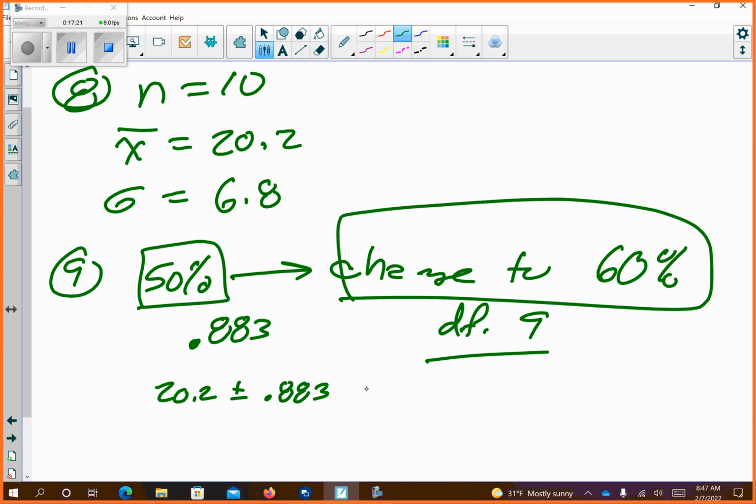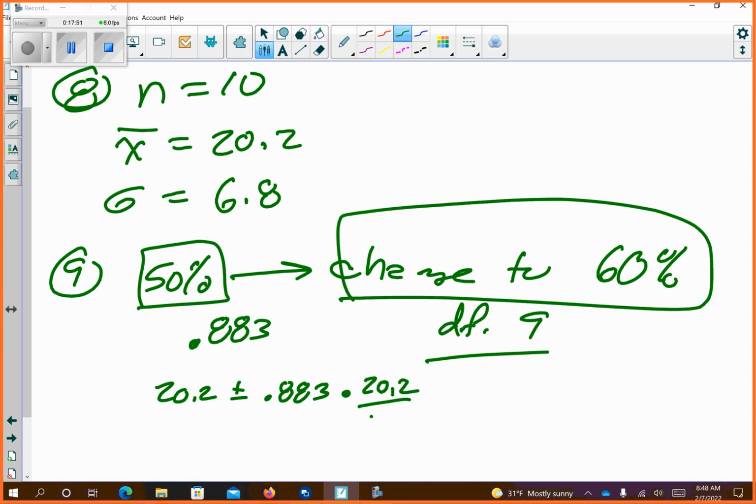Somebody have a calculator? 20.2 plus 0.883. Hold on, don't you have to find the margin of error first? I did 0.883 times 20.2 over the square root of 10.